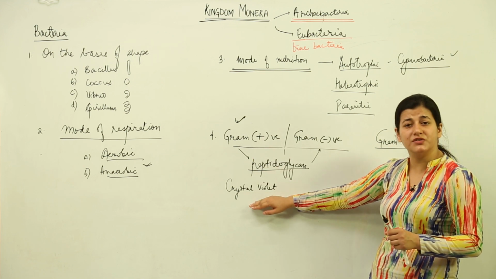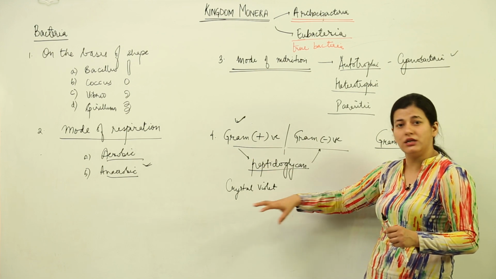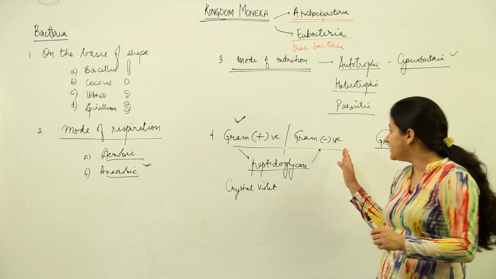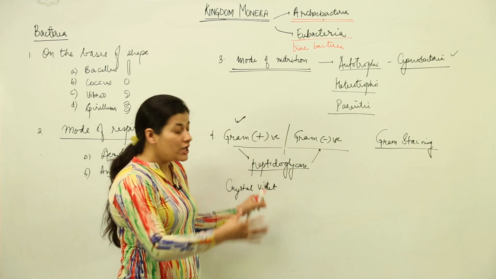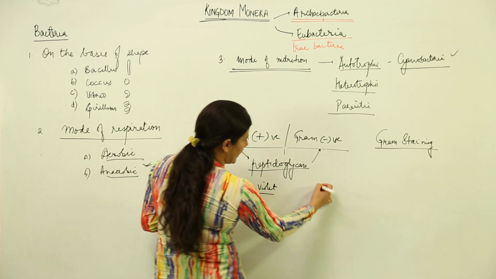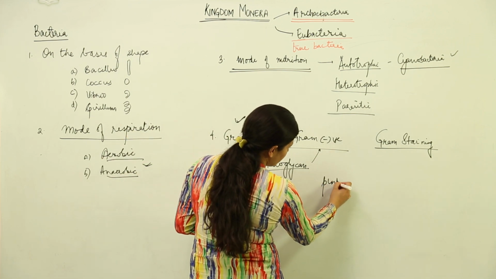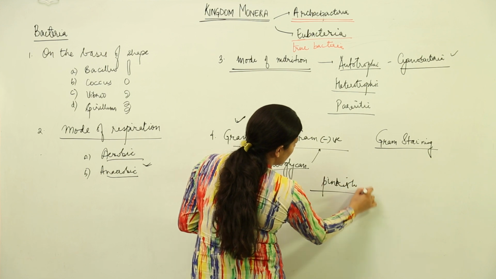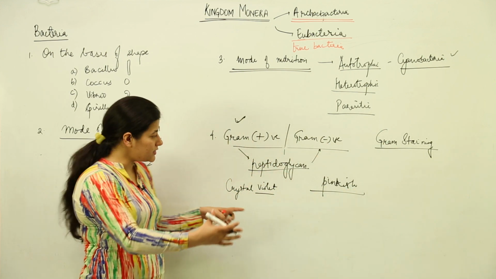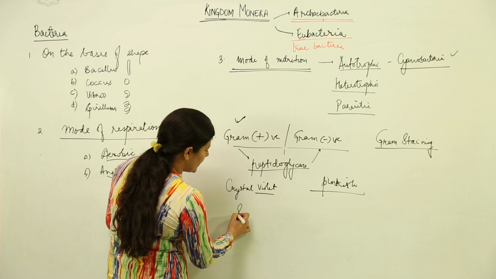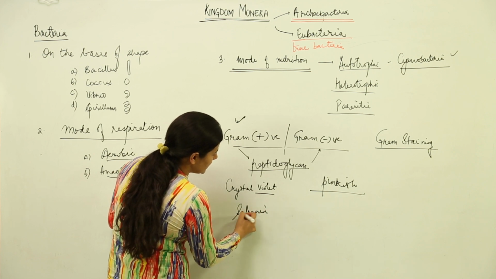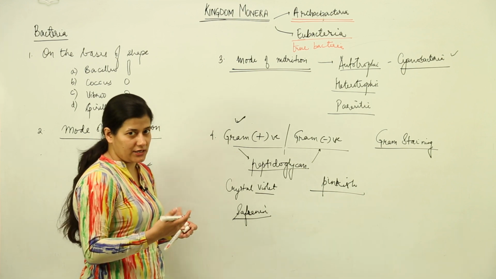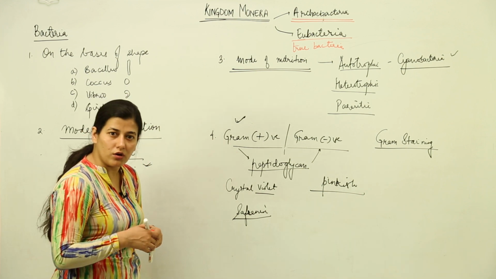Because they have lots of crystal violet trapped in their peptidoglycan, gram positive bacteria will not take up safranin, but the gram negative bacteria would take up safranin and they would appear pinkish. So these stay violet, and the gram negative bacteria stay pinkish after the entire gram staining process. Counter staining is done by safranin, and this is done after the bacteria has been washed with alcohol or acetone.